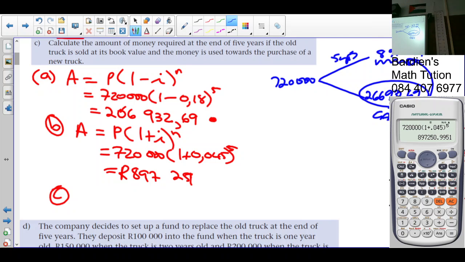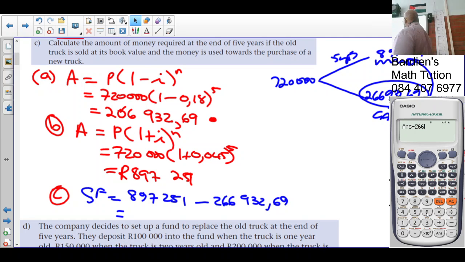So, to calculate the shortfall is going to be 897,251 rand minus 266,932.69. Put that in the calculator.